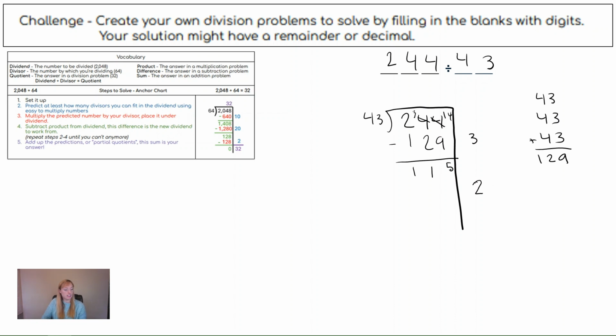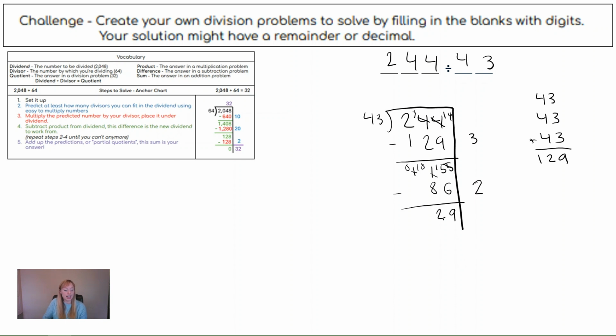Now I'm going to multiply 2 by 43, or 43 plus 43. That's going to give me 86. Step 4, subtract. Borrowing to subtract here. That leaves me with 29.